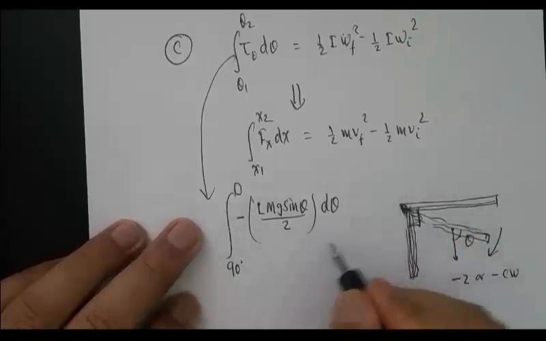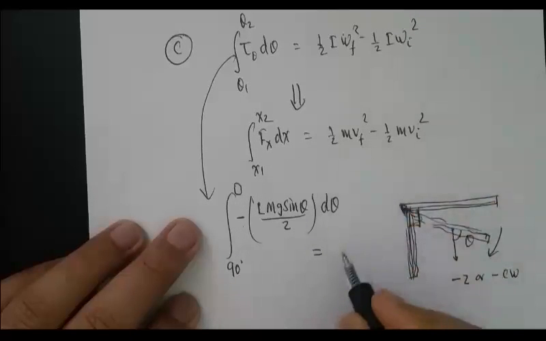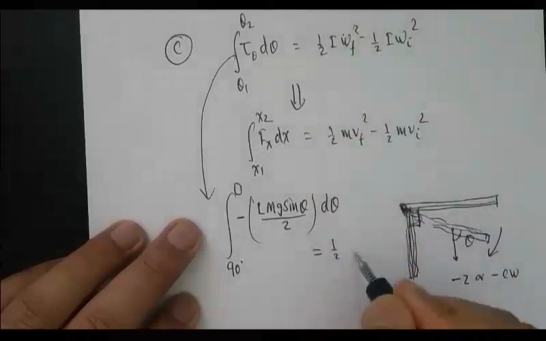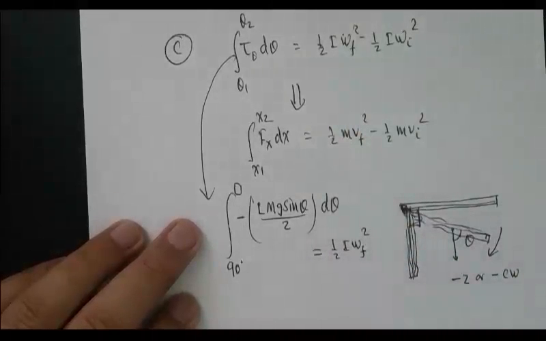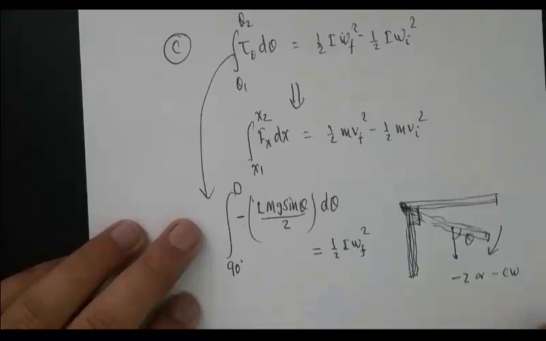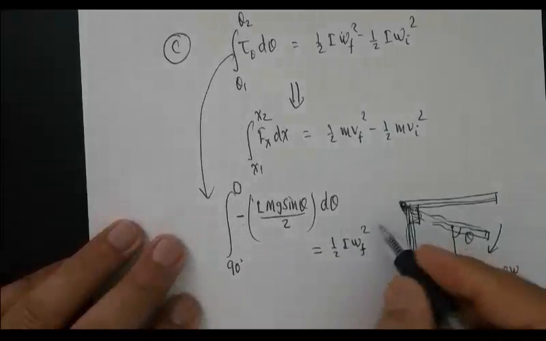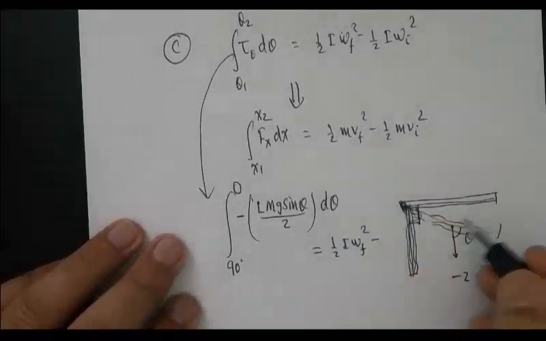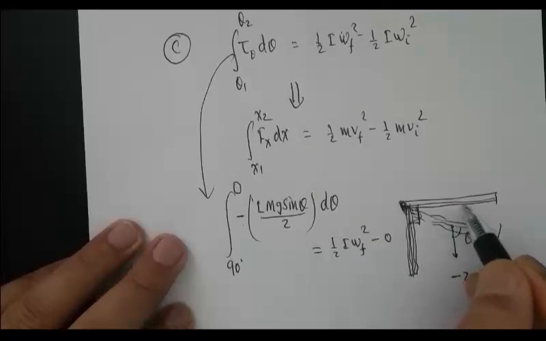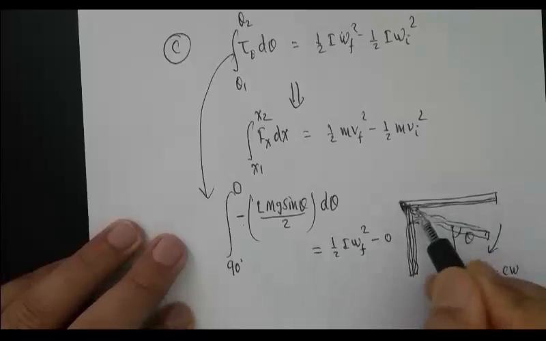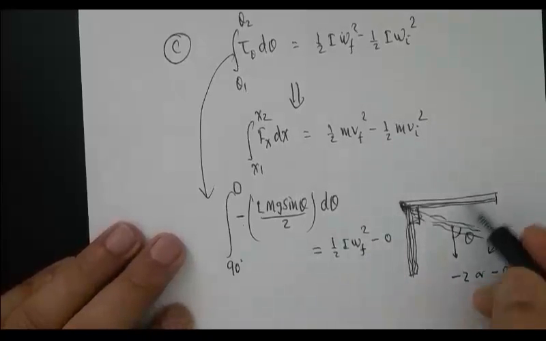This equals 1/2 I omega final square, where we're finding the final omega. The initial is 0 because the rod is held horizontally initially, so it's at rest.